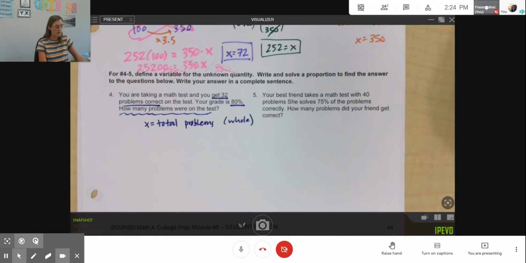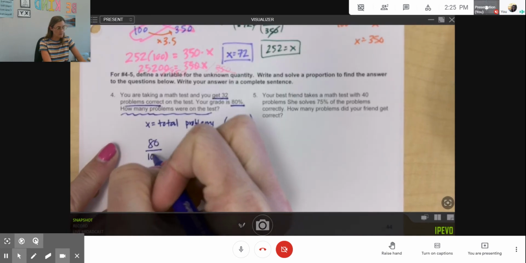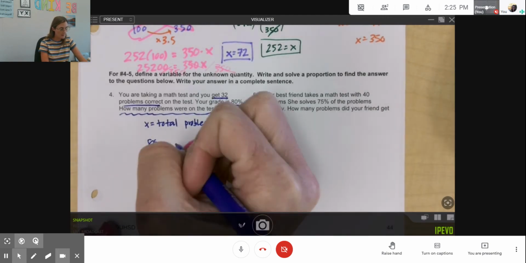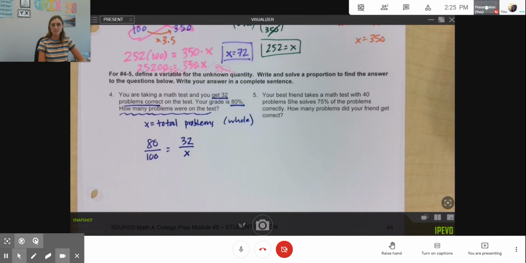So when I set this up, I now know my percent is 80 out of 100, and I now know that my part is 32, but I do not know how many problems are on the test.